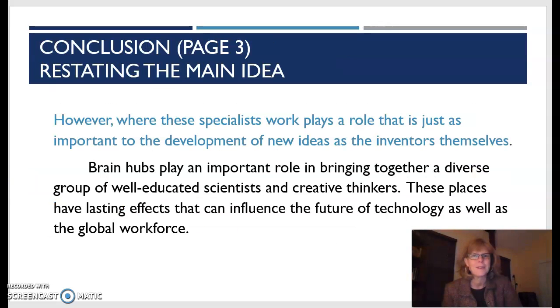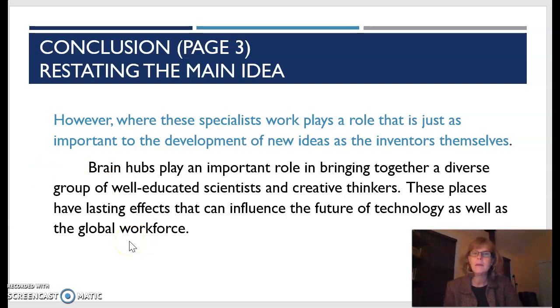Last paragraph, back on page 3. In this last paragraph, I really get a restatement of my main idea. So we agreed the main idea of these 5 paragraphs is about where these specialists work. And I get that main idea, that central claim, restated here in this last paragraph.